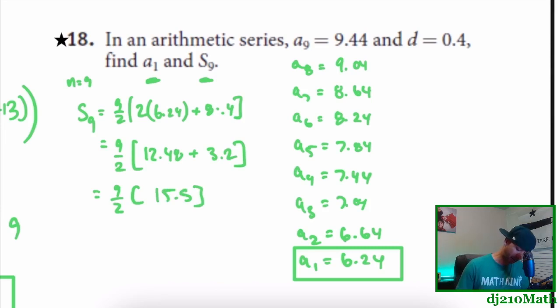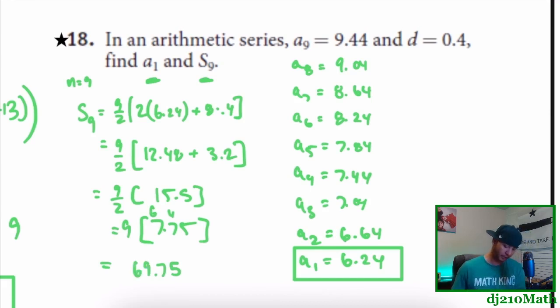Divided by 2 times 9. So 7.84 times 9. 9 times 4 is 36, 9 times 8 is 72, 72 plus 3 is 75, so 70.56.